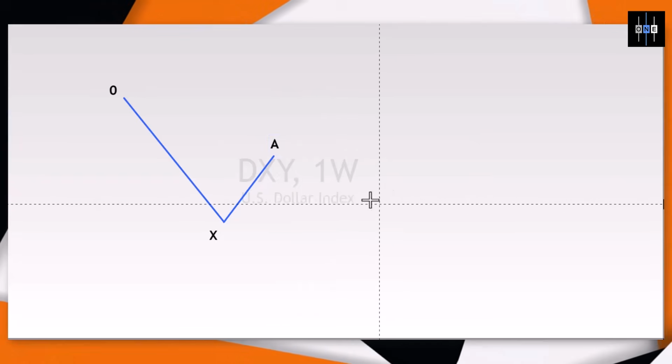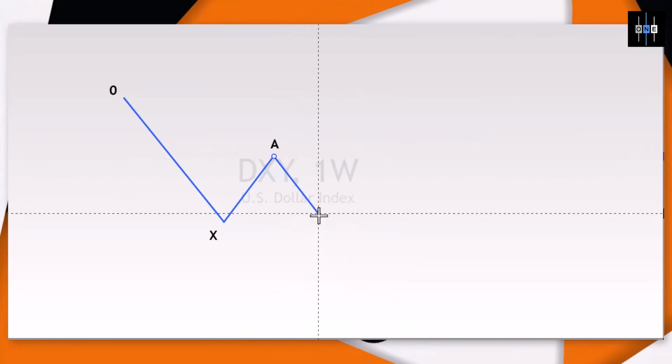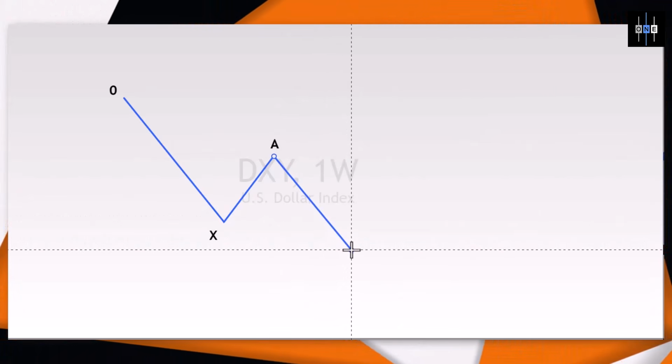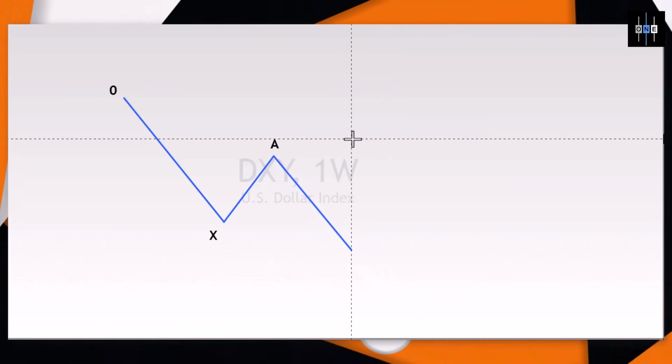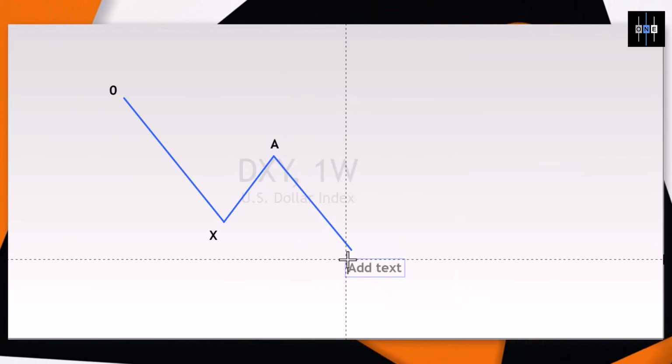Now, after this A leg, just like the cipher pattern, we're going to get an extension to the downside, but it's going to be a shortish extension. So it's not going to be as far as an AB equals CD. It's going to be somewhere in this range. And this actually does have a very specific Fibonacci range that we must hit.